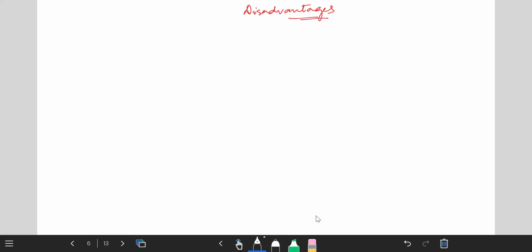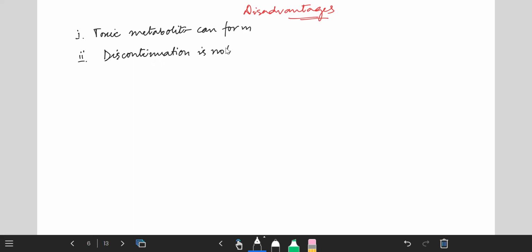So obviously toxic metabolites can be formed. Second one is discontinuation of such a type of therapy is not possible.